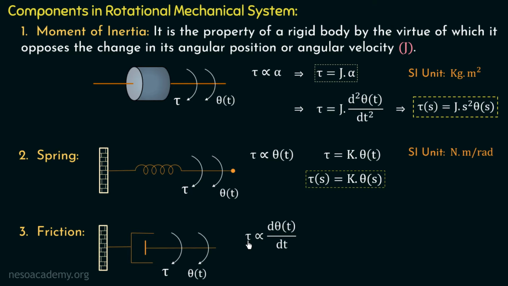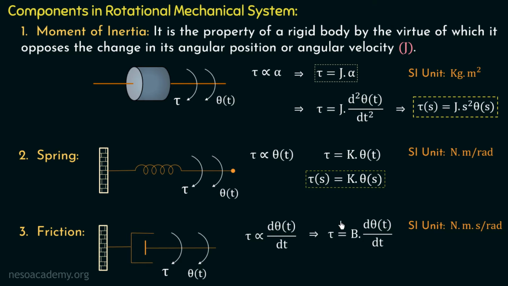So we can write tau is proportional to d theta t over dt, where derivative of theta t over dt represents the angular velocity due to the application of this torque tau. Now if we want to remove this proportionality, we can write tau equal to b multiplied with d theta t over dt, where b is the torsional frictional constant and the SI unit of b is Newton meter second per radian.